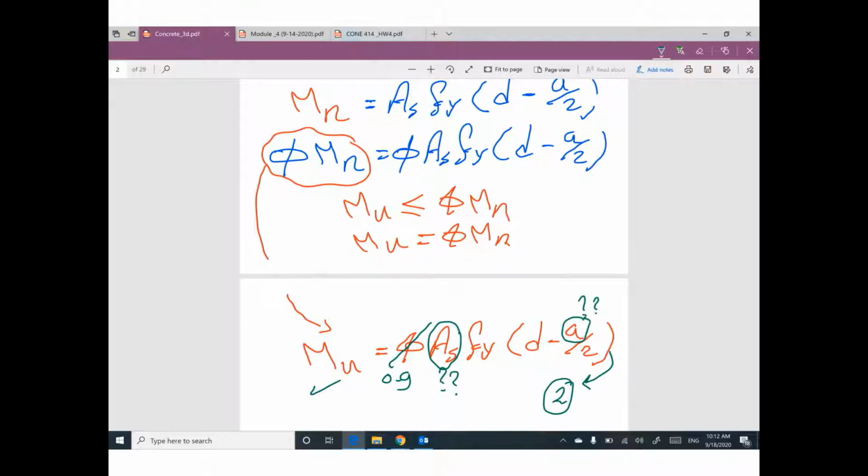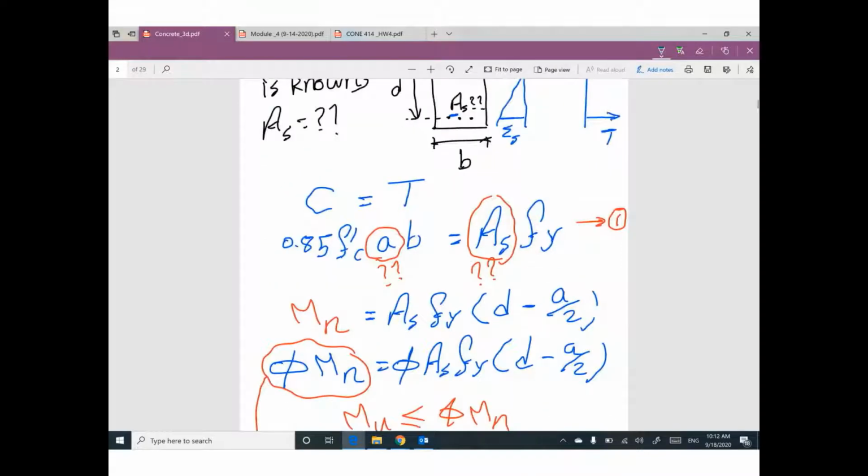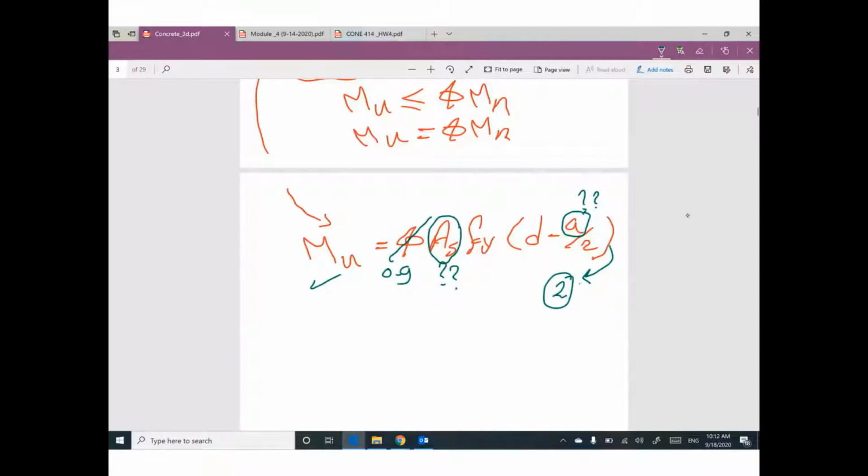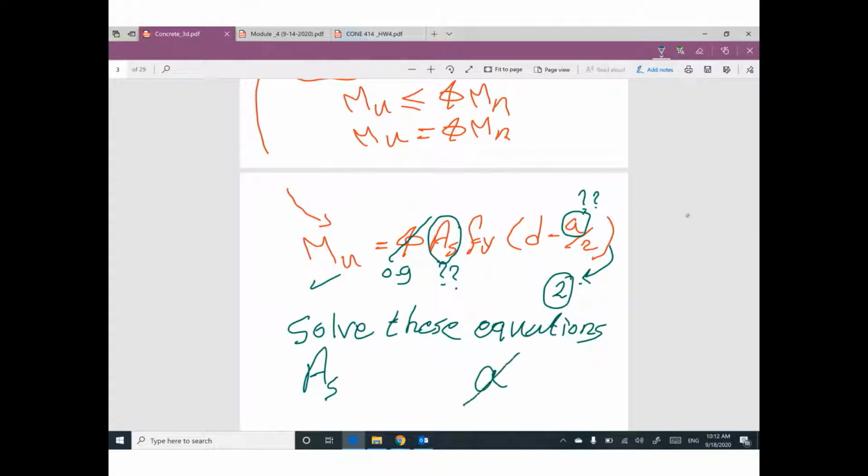So if you go back to the first equation with unknowns A and area steel, and the second equation with unknowns area steel and A, I can solve these equations together to figure out the value of area steel and the value of A. I don't care about the value of A, I can get the value of area steel required without using any table.